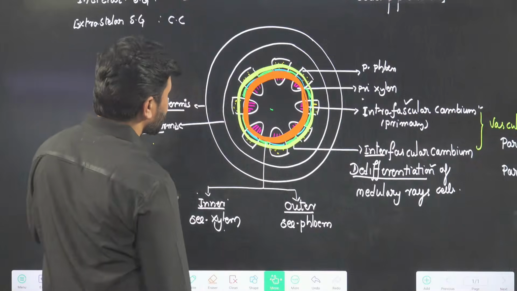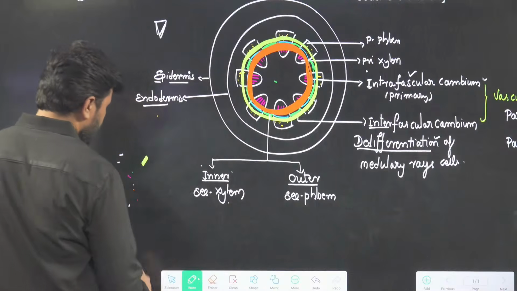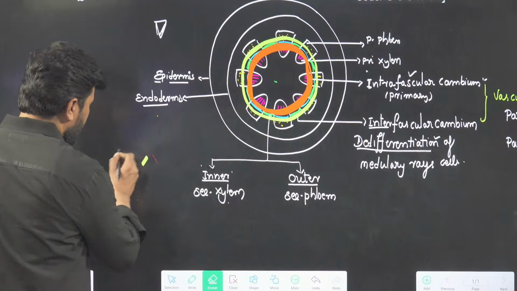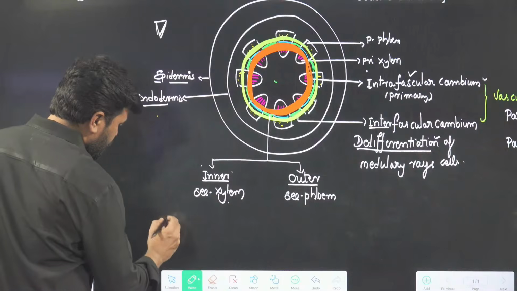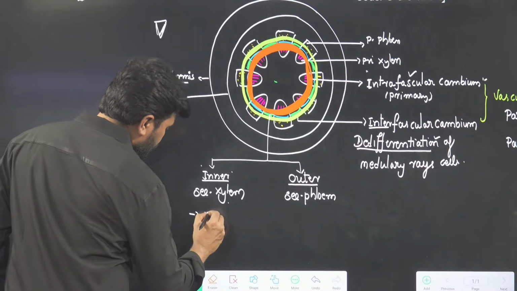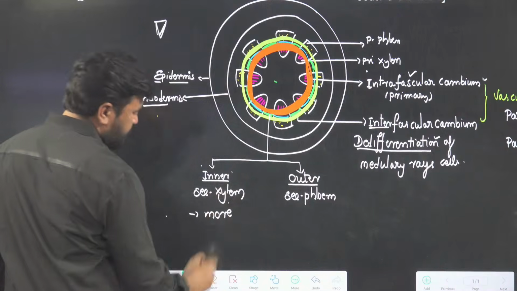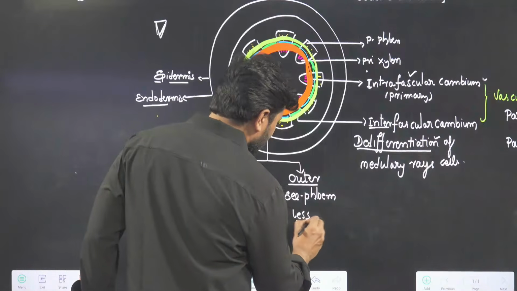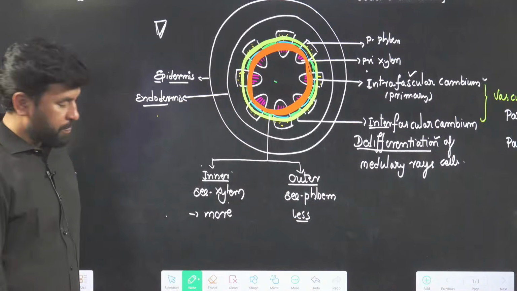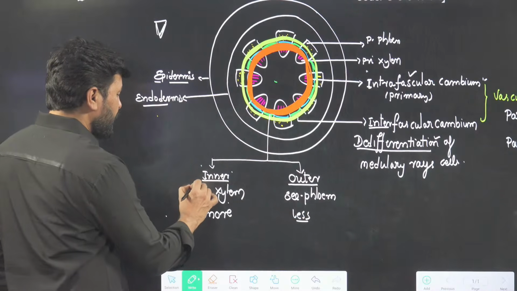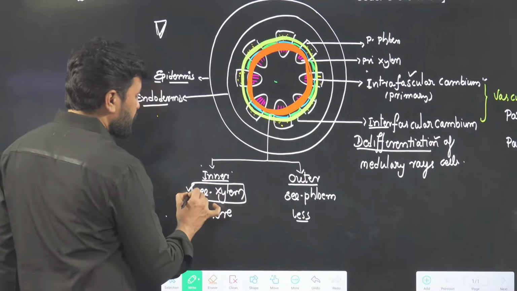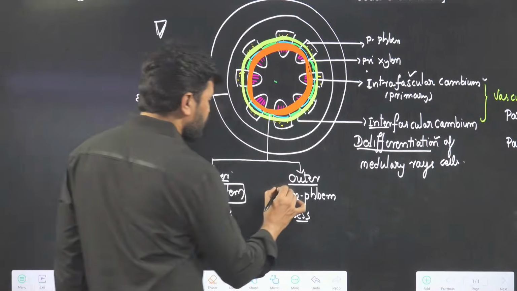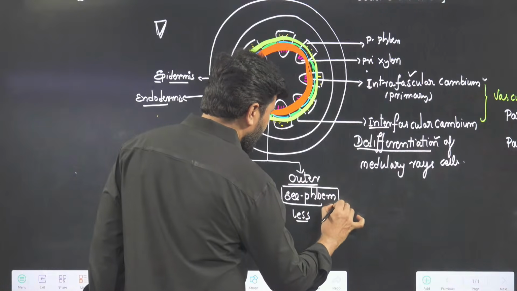In this case, one thing you have to remember: the vascular cambium grows more towards the inner side when compared to the outer. The outer will grow less, which means the secondary xylem quantity is several folds in excess when compared to secondary phloem.